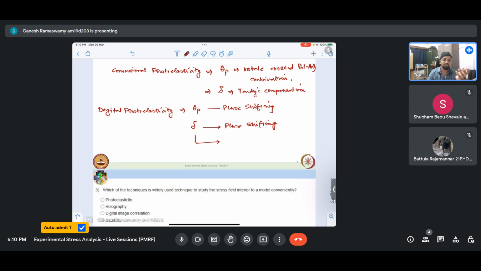This is basically matching red, green, and blue light intensities at every pixel in the model domain against a color calibration table. This is also called TFP, three fringe photoelasticity. So this is the basic background. I just wanted to mention this once.